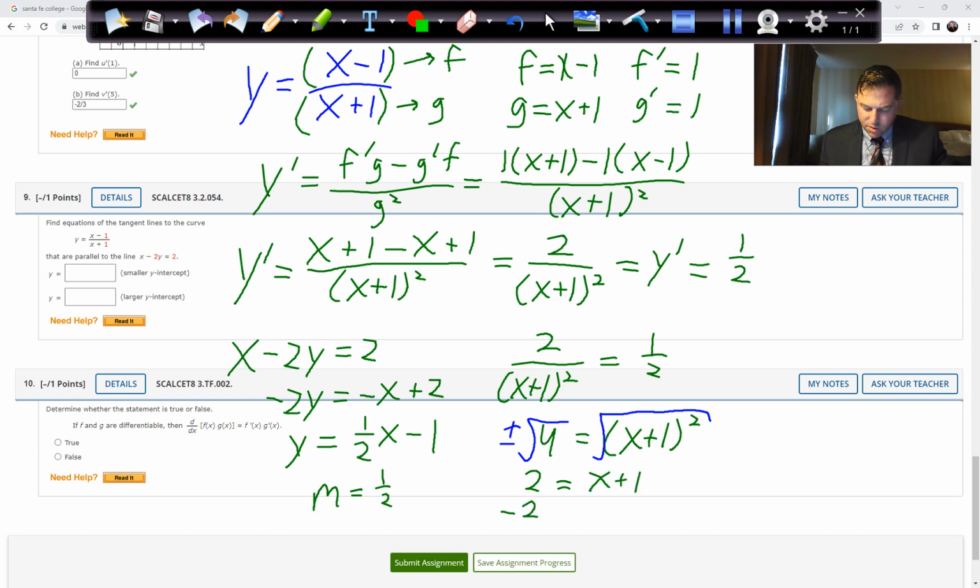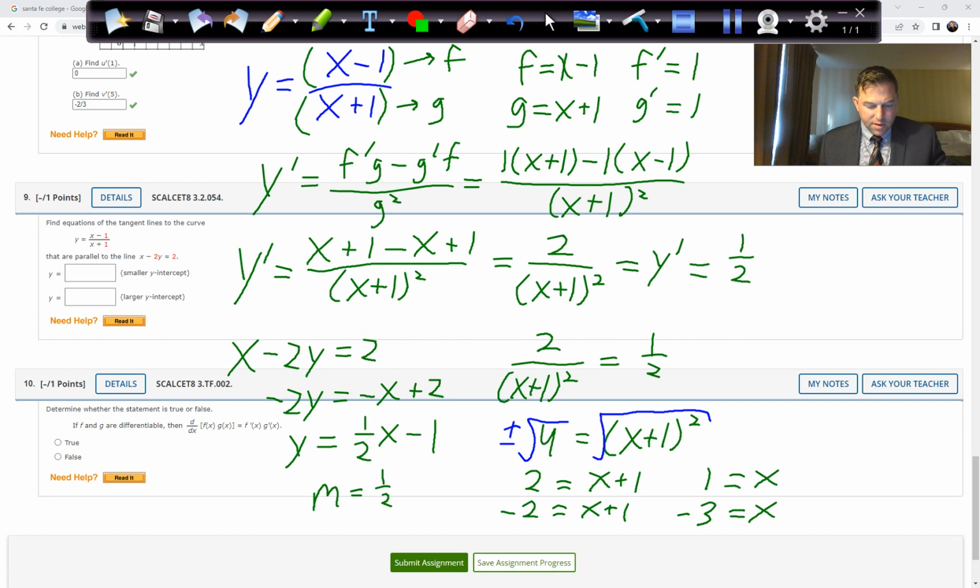And one is negative 2 equals x plus 1. So the x plus 1 squared, the 2 goes away, it just becomes x plus 1. But on the left side, I get two answers, plus or minus 2. So I have two equations. This one is going to be subtract 1 from both sides, 1 equals x. This one is going to be subtract 1 from both sides, minus 3 equals x. So those are the x values for the points where we have a parallel line situation.